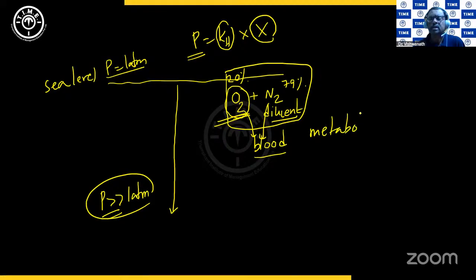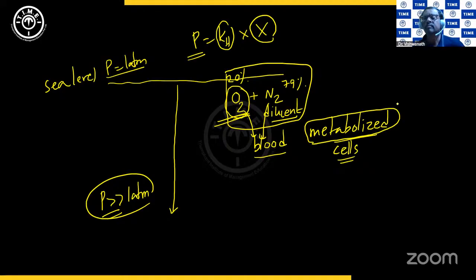In fact, all the cells require oxygen to breathe in, because oxygen is the one that is going to supply what to all the cells? You know that hemoglobin carries the oxygen, and this blood has that hemoglobin, more oxygen going into the cells. So oxygen is getting metabolized, but nitrogen is a spectator. Nitrogen has got no role to play, but still it has gone into the blood because of this factor, Henry's law.